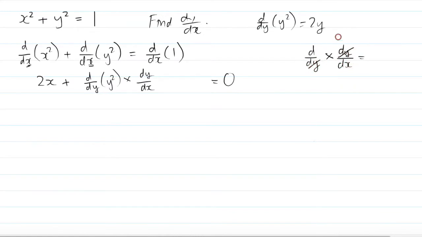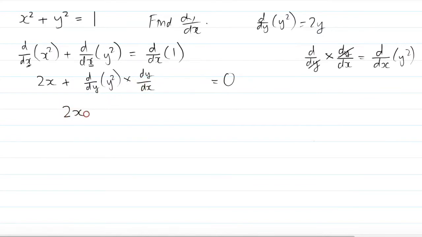That's using a little bit of our chain rule to help us, the cancelling out of the terms, the derivatives. And we end up with d/dx, which is what we need, d/dx of y squared. So in this case, instead of writing d/dx of y squared, you can write d/dy of y squared multiplied by dy/dx.